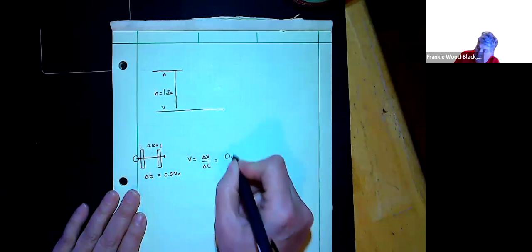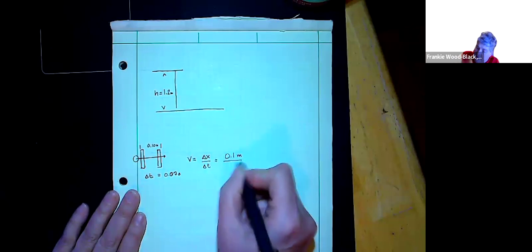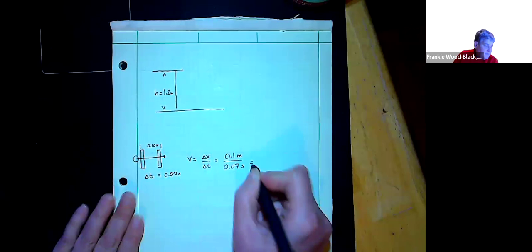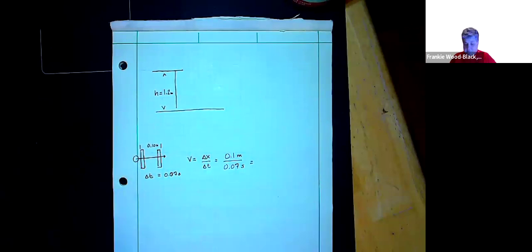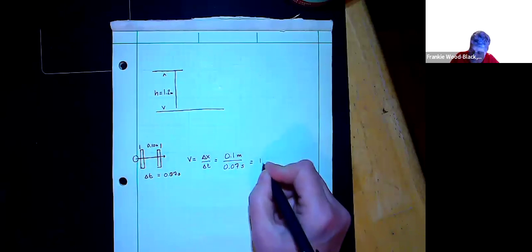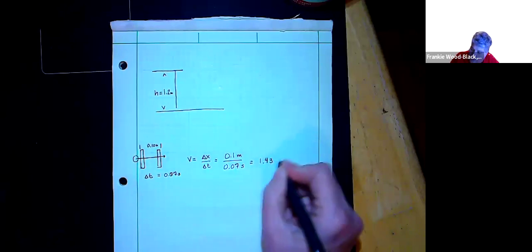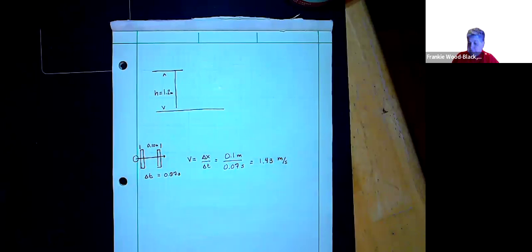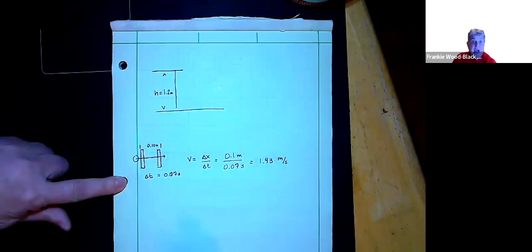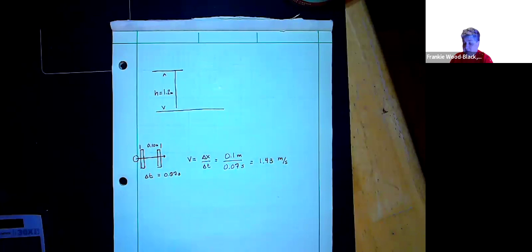So I'm going to have my 0.1 meters divided by my 0.07 seconds. And if I do that, it's going to be going at 1.43 meters per second. Now I want to do this 5 times, okay?